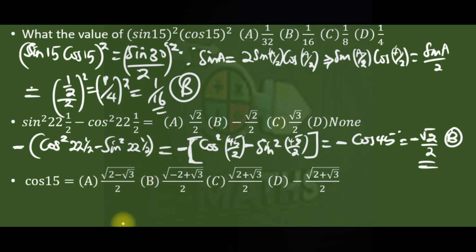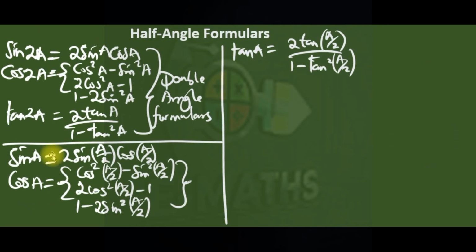Coming to this one, the same cosine half angle, if you could remember, we have that cos A is 2 cos squared half A minus 1. Yes, let's go back so that you see it.